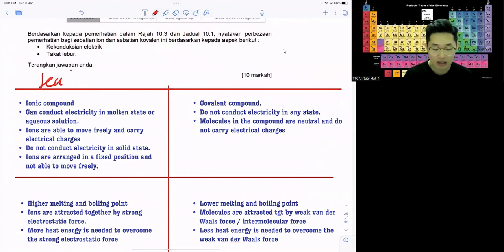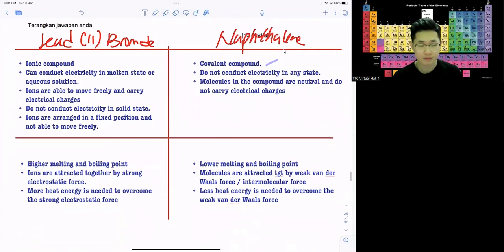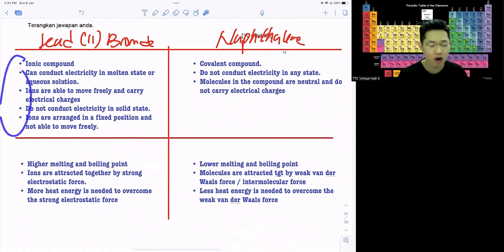So basically, lead 2 bromide is an ionic compound. And naphthalene is a covalent compound. You can write it in sentence form. In exam, you want to make a table also can. You can make a table, but then don't put the point form like that.